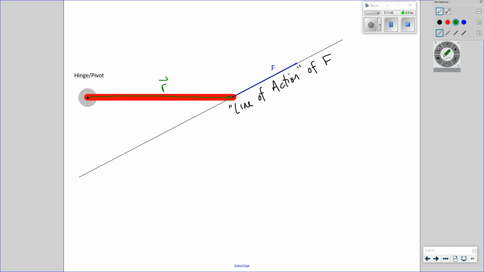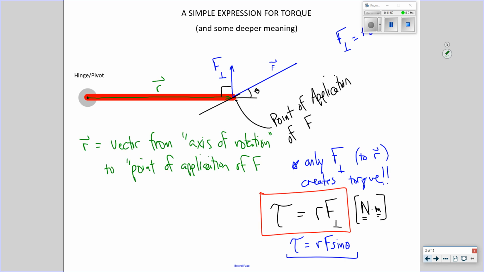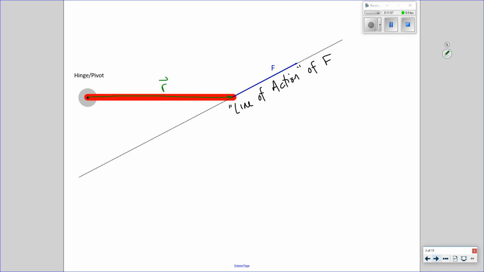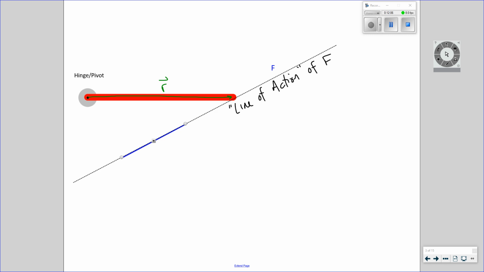Well, the torque produced by F, like we said, is only really produced by the part of F that's perpendicular to r. That's the same thing as saying, what if F didn't act here, but acted here?